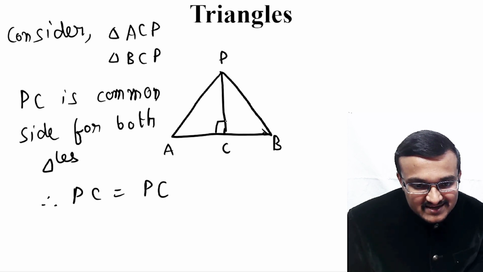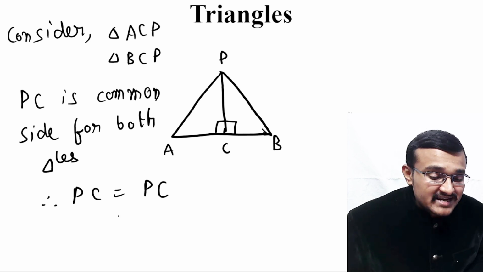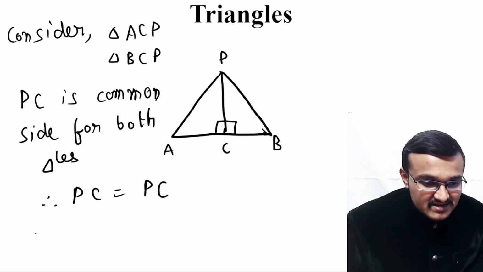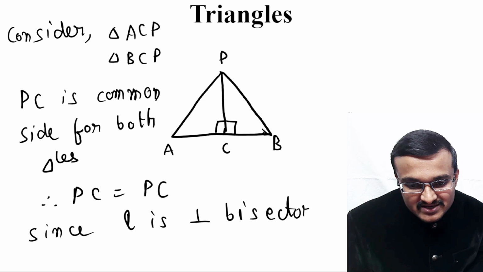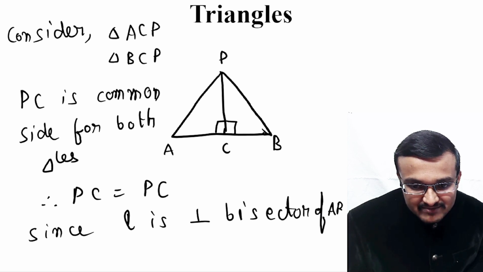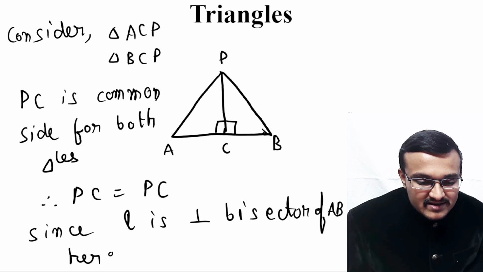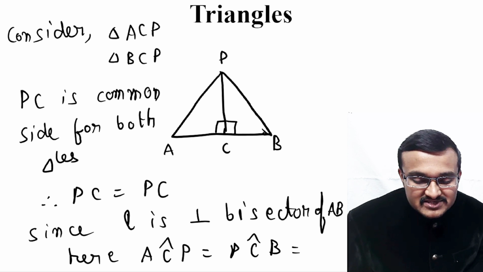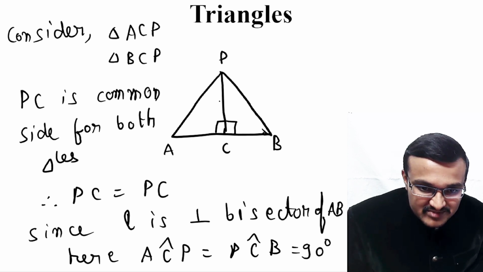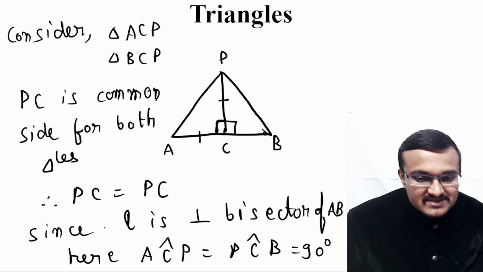Similarly, this particular angle is also 90 degrees and this particular angle is also 90 degrees. Since L is the perpendicular bisector of AB, angle ACP will be equal to angle PCB, which is equal to 90 degrees. So we are considering this side, this angle and this side.